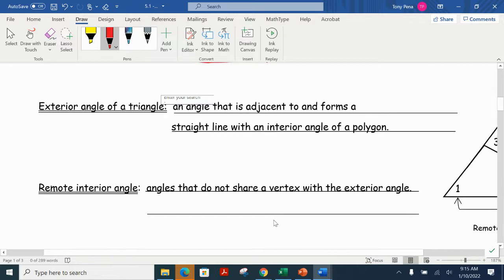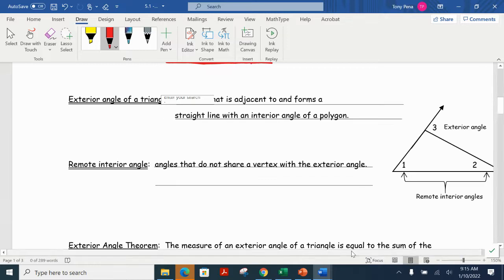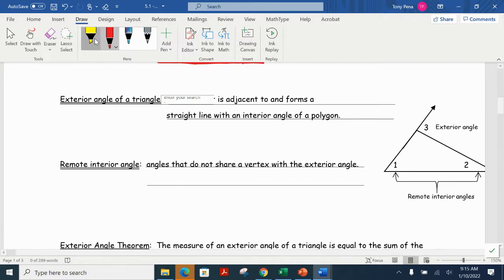Next thing, exterior angle of a triangle. So if we have a triangle, we just talked about interior angles. There's always 3 interior angles. So this angle, and this angle. Notice how they're all inside of the triangle. So those are interior angles. If I ask you for your exterior angle, it's got to be outside of the triangle. So this angle right here, angle 3, is not inside of the triangle. And that's why it's called an exterior. Just understand the definition of exterior. That's an angle outside of that triangle.